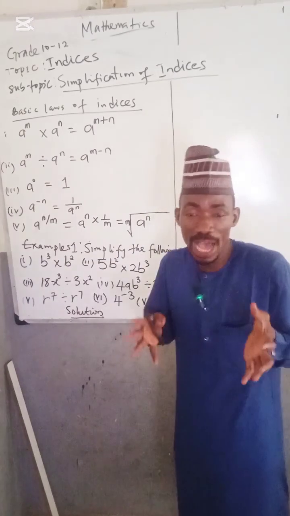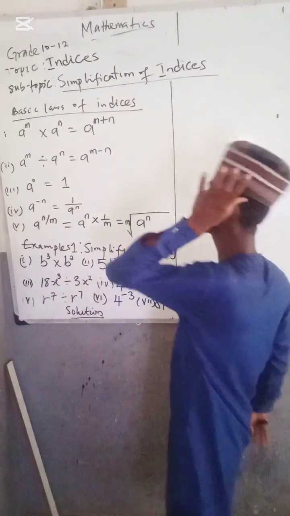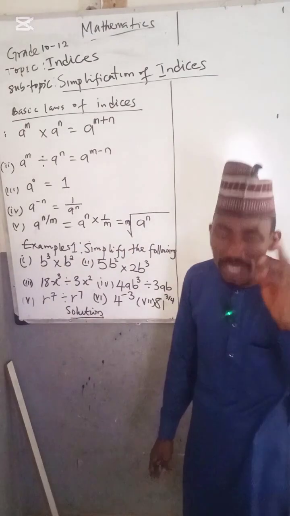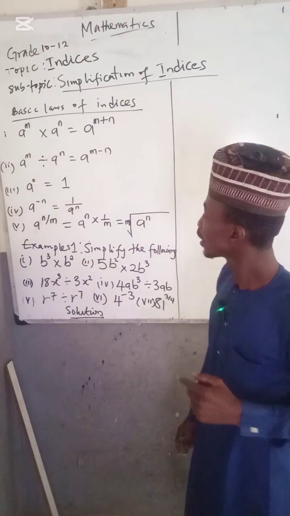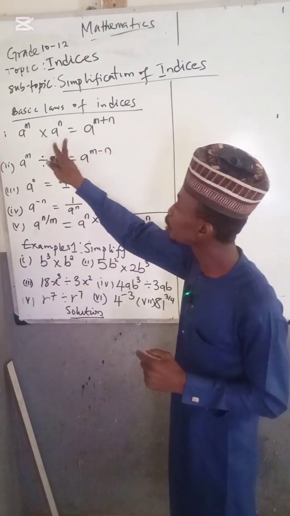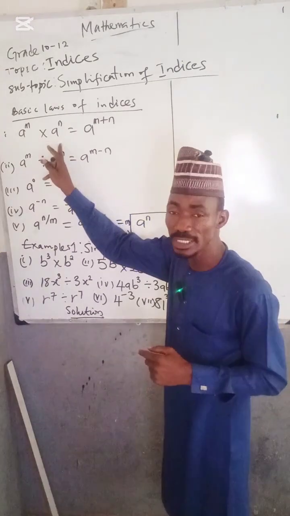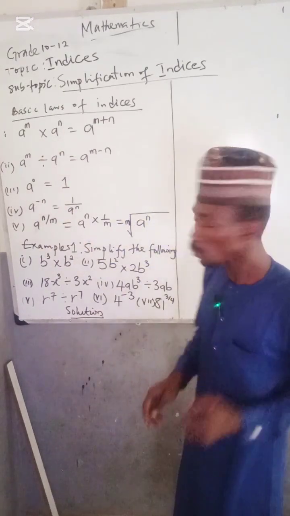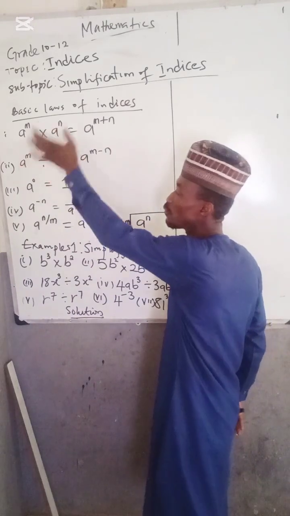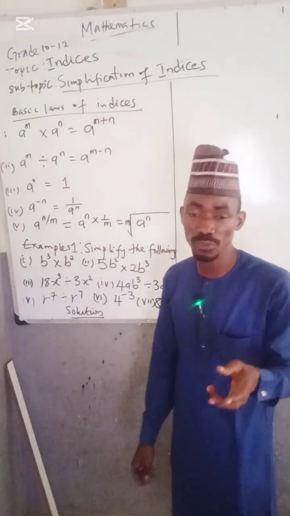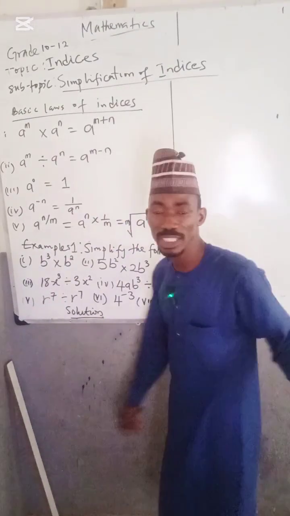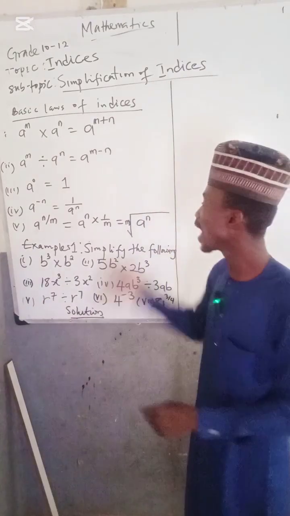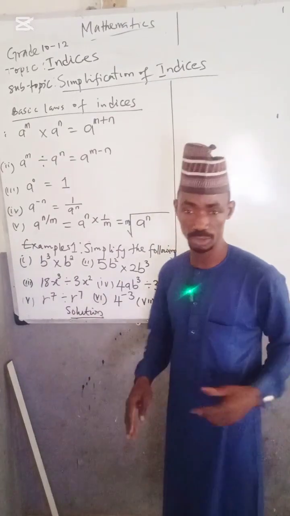We have to have the ability to identify, when the equation is given, that it requires the laws of these indices to solve. So if we don't understand this very well, it is difficult for us to spot it out in any given index expression or equation.